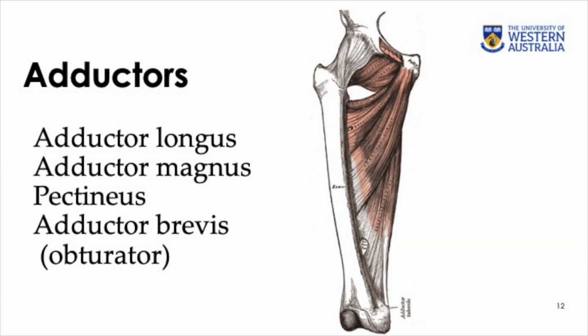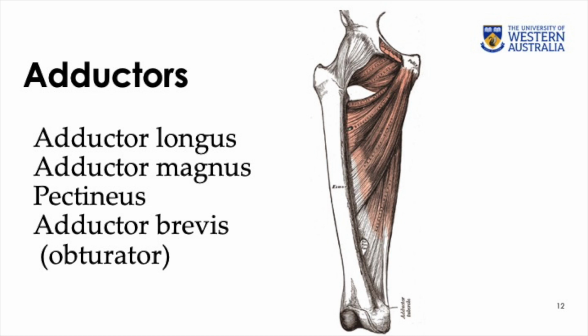Next we have the adductor muscles, which are in the medial compartment of the thigh. They are mainly supplied by the obturator nerve. The adductor magnus has a dual innervation as it is part adductor, but also is in the posterior compartment of the thigh and receives sciatic nerve innervation as well.